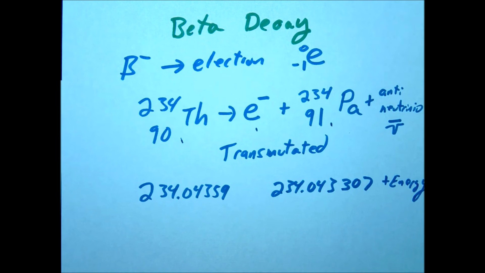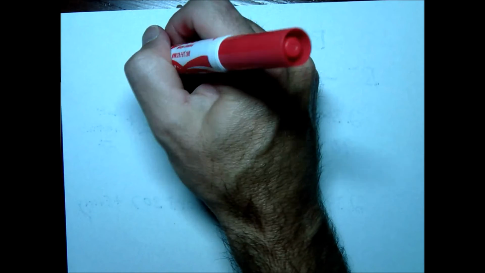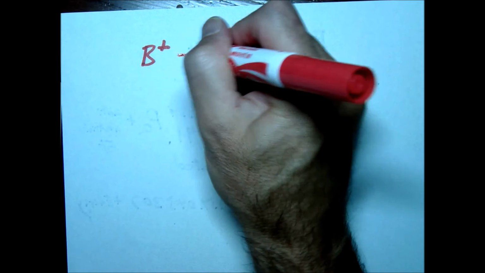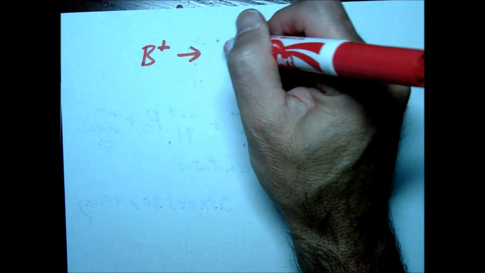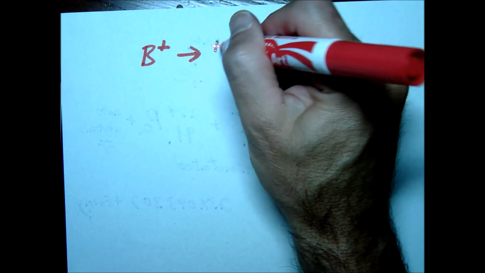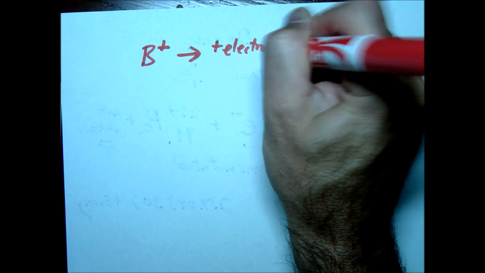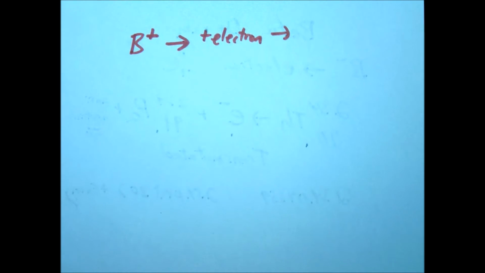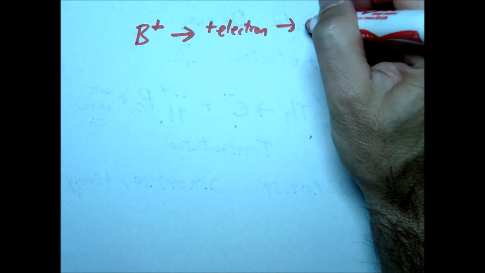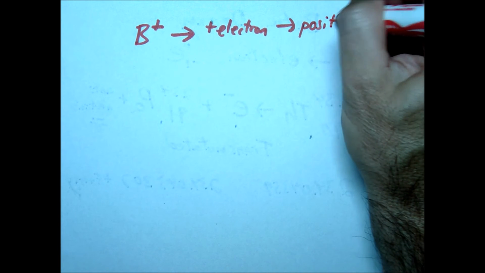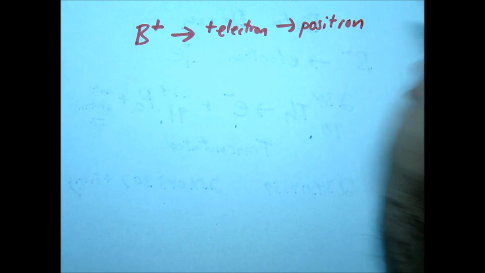So let's look at the next form of beta decay. The next form of beta decay is called beta plus, and a beta plus particle is called a positive electron. And the positive electron is essentially the anti-electron. We actually call it a positron.